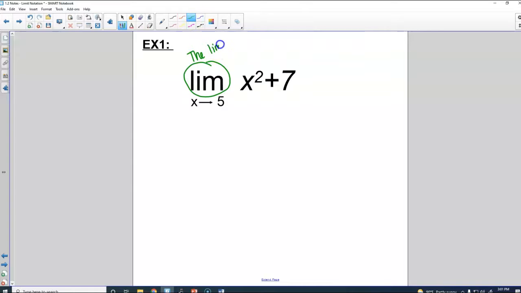I know you don't understand what a limit is right now exactly. So the limit of this part right here is your function, and then you would say as x approaches.